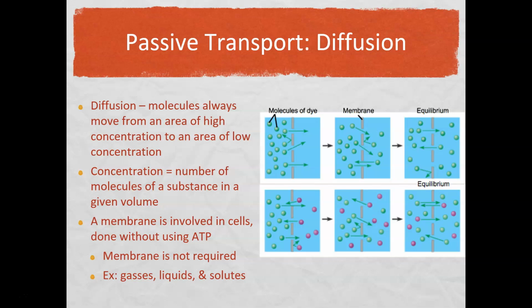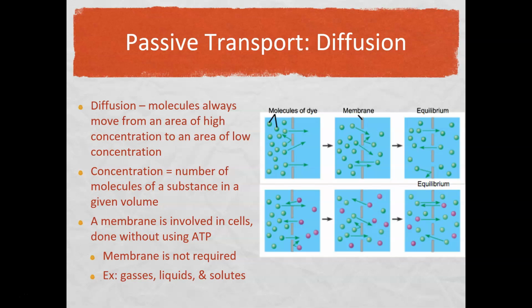Somebody goes and sprays a bottle of perfume or cologne or that Axe body spray, and it is initially concentrated, lots and lots of scent molecules right next to the bottle when it gets sprayed. Eventually, everybody in the locker room can smell the perfume because it's diffusing through the area. Those molecules are hitting each other, bouncing off of each other, pushing each other away until it spreads out across the entire locker room, and now everybody can smell it.